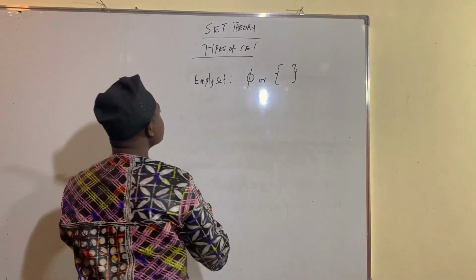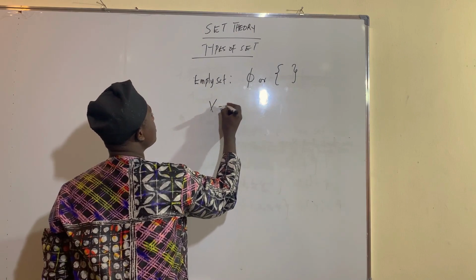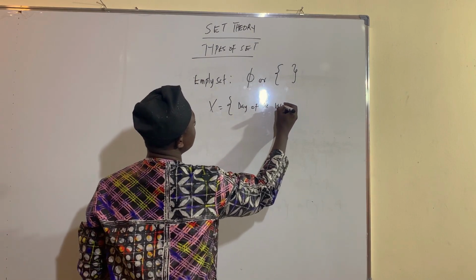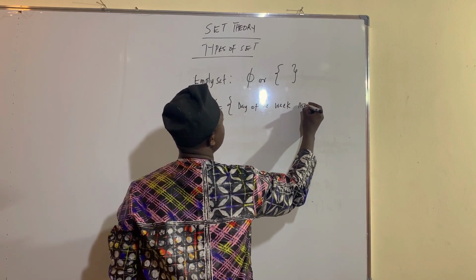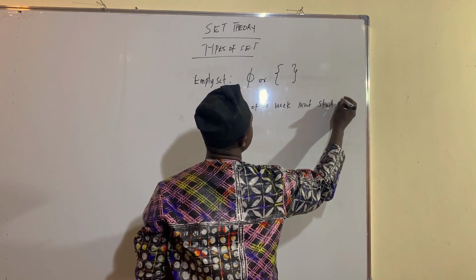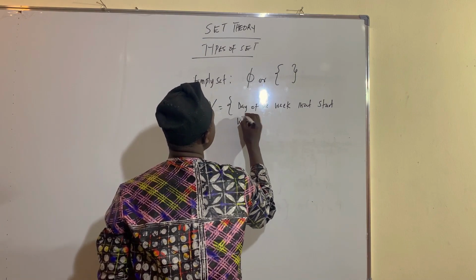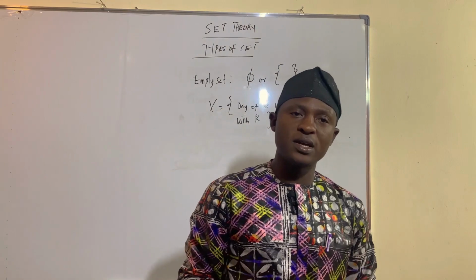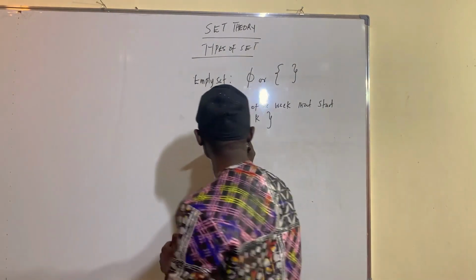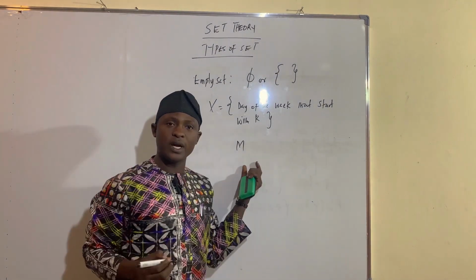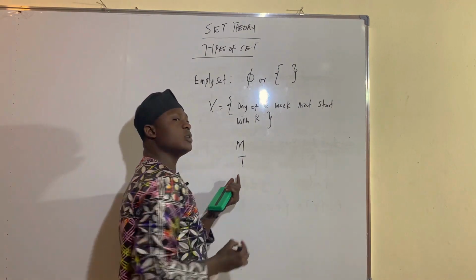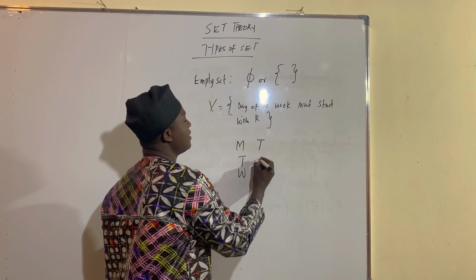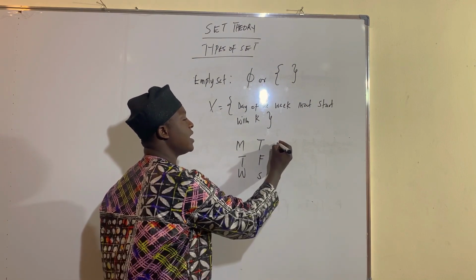For example, let's say X is equal to the days of the week that start with K. Under the days of the week, we have Monday with M, Tuesday with T, Wednesday with W, Thursday, Friday, Saturday, and Sunday.